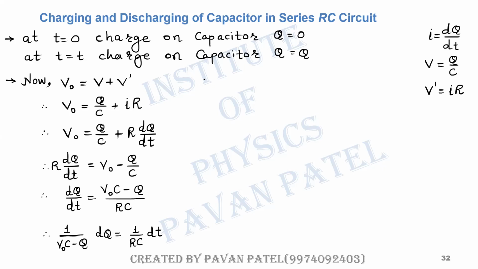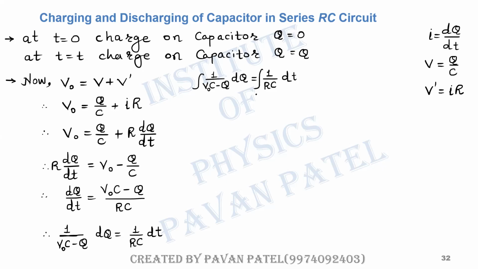Let's do the integration. Next step, so integration of 1 upon V0 C minus Q into dq is equal to 1 upon RC dt, right? We are doing integration on both sides, but on the left hand side the variable is q and on the right hand side the variable is t.